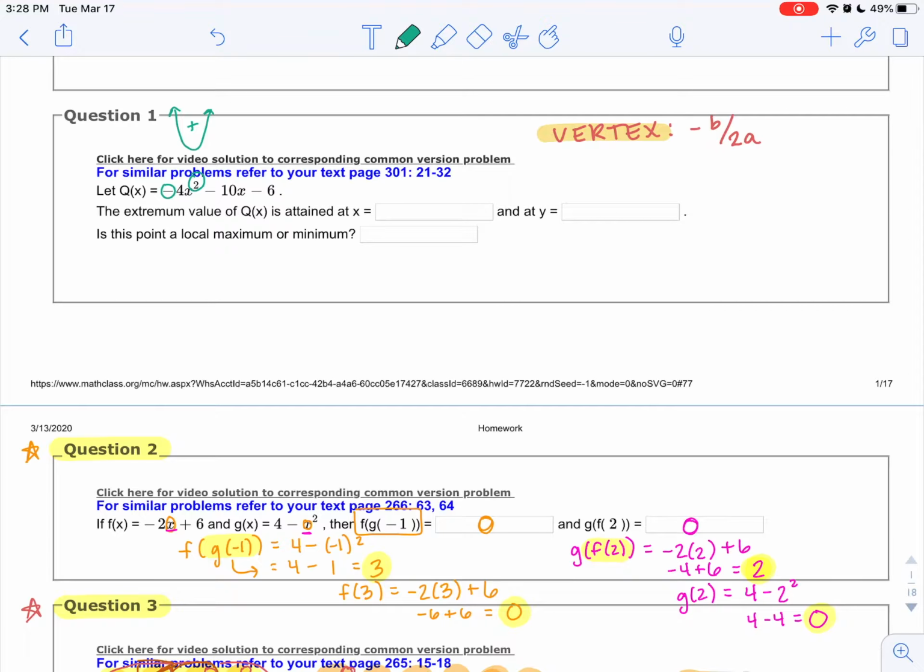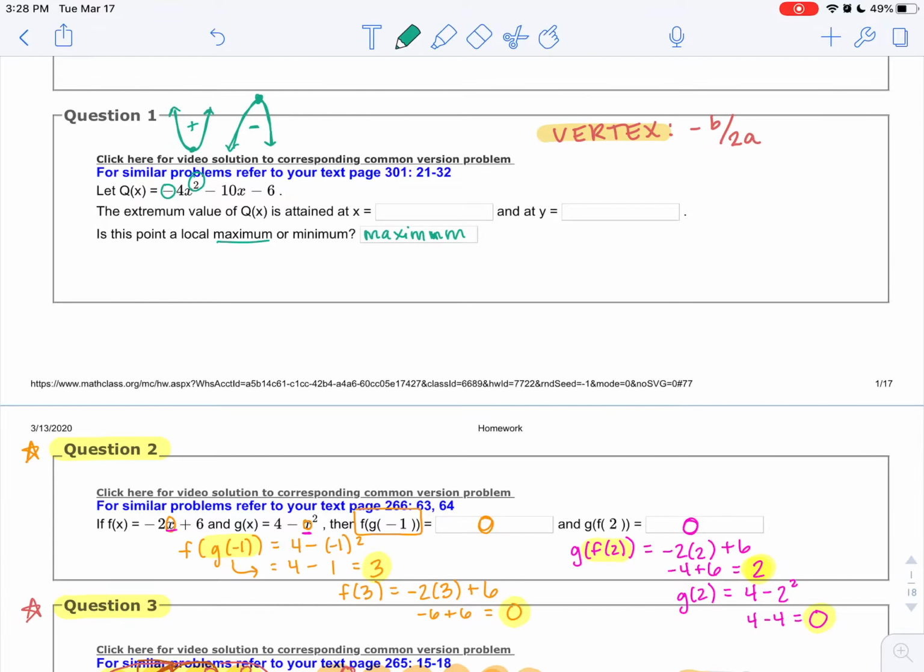And if we have a negative, then it's called concave down, and it faces down like this. So this parabola will be facing down, and so actually it will have a high point, which is up here. So a downward facing parabola will actually have a maximum value. If we have an upwards facing parabola, it will actually have a minimum value. So that's what we are looking for.